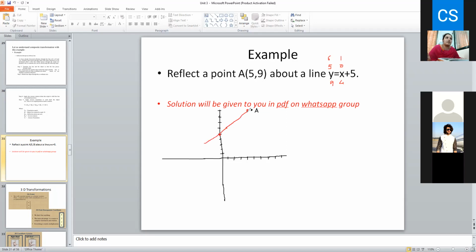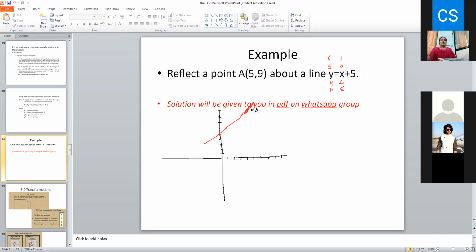Suppose x is equal to 5, then y will be 10. Okay, we will take this also. This is the line. Now I want to reflect this point A through this arbitrary line y equal to x plus 5.